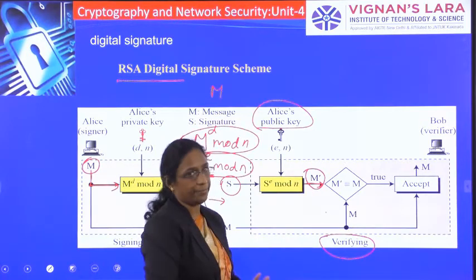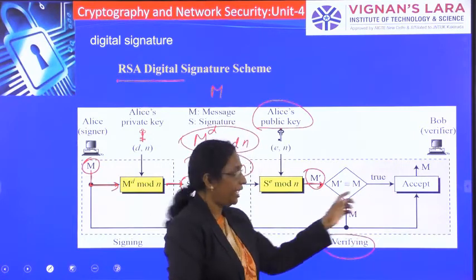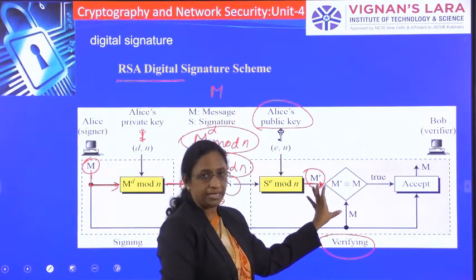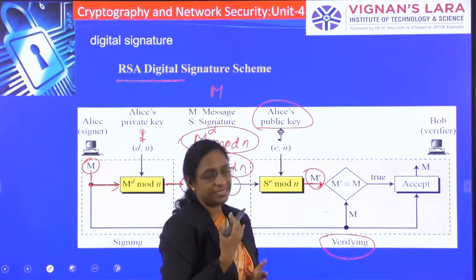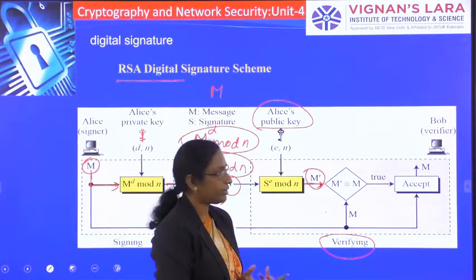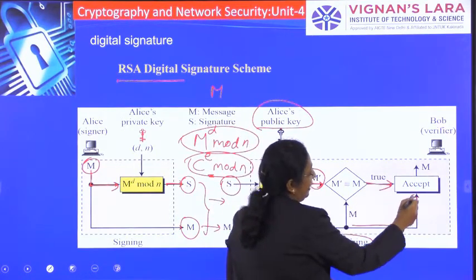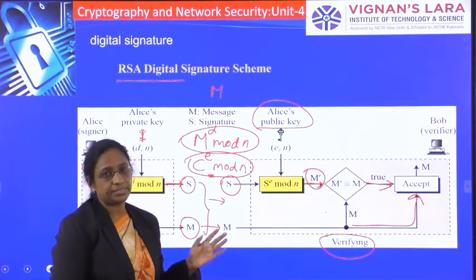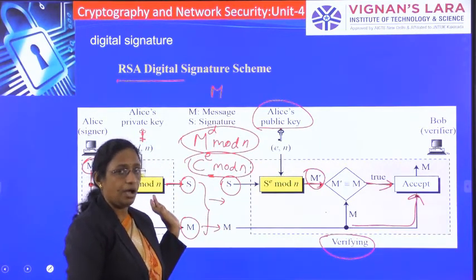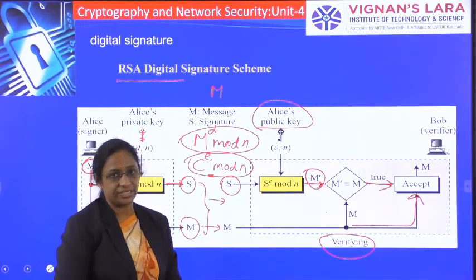If both M dash and M are the same, it returns true, and the message will be accepted. If they are not the same, it returns false, which means the message is not from the authorized person, and the message will be rejected.